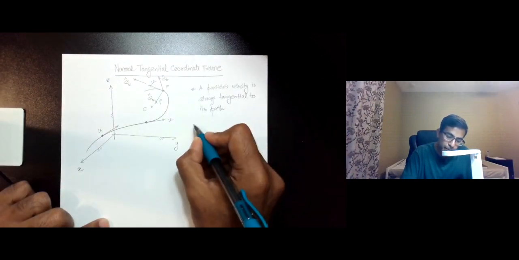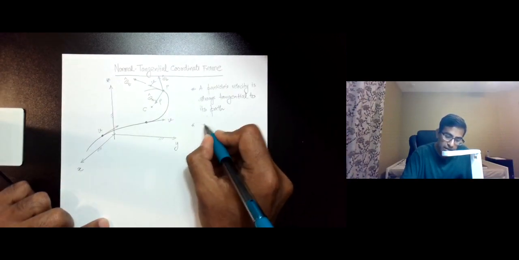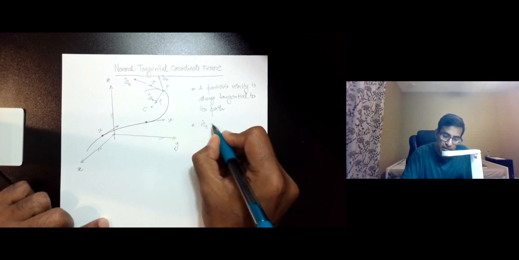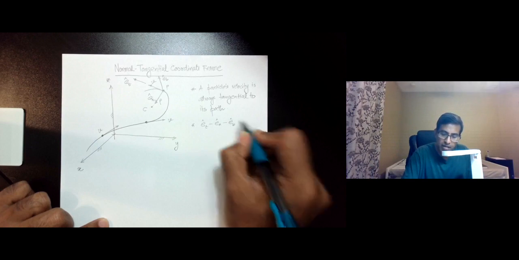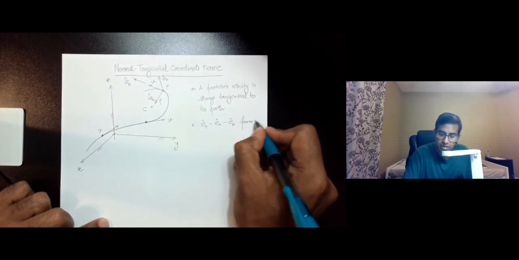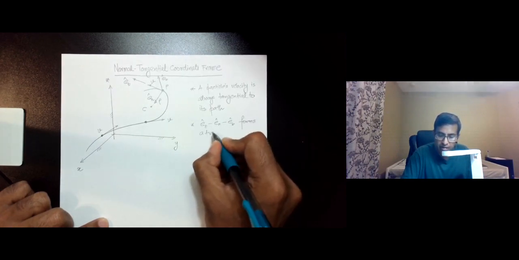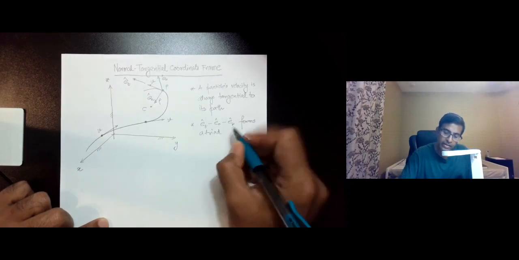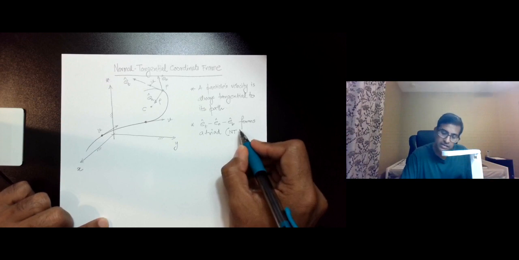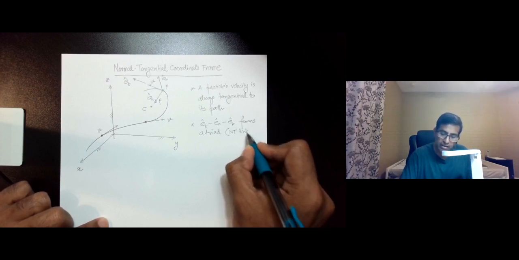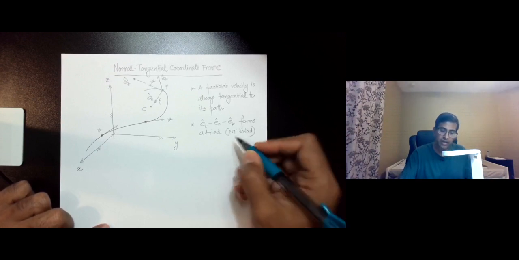So we note that e_t, e_n, e_b form a triad, and this triad is called the NT coordinate system, or the NT triad, the normal tangential triad.